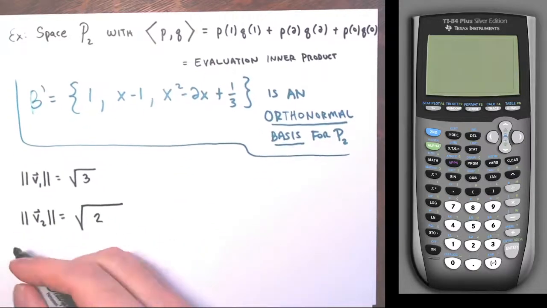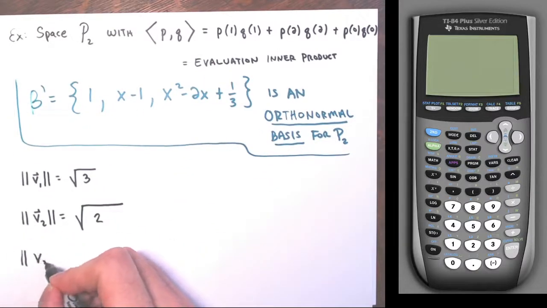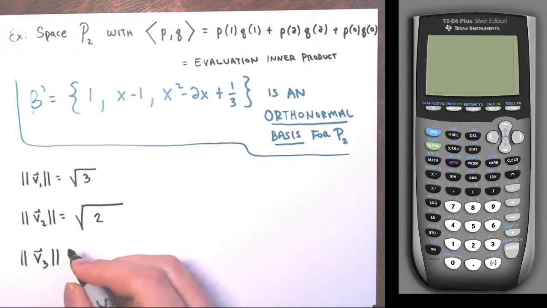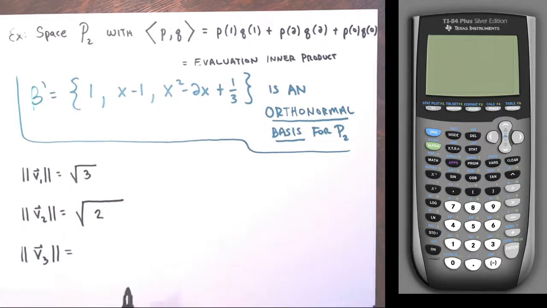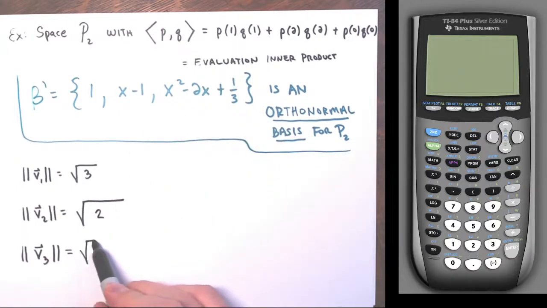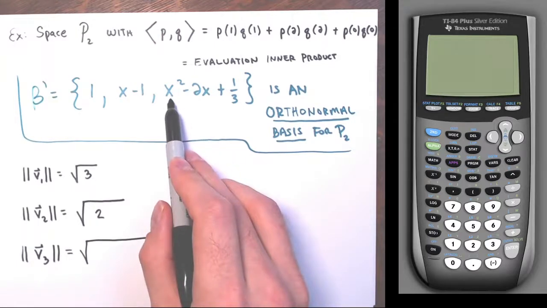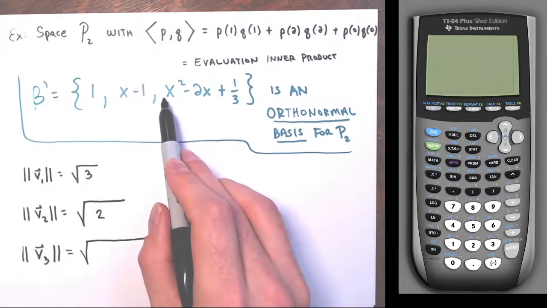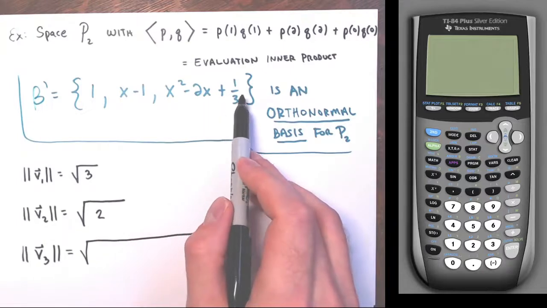Then the norm of V3 would be equal to a square root. Plugging in 1 to V3, I get 1 minus 2 is negative 1 plus a third, would be negative 2/3.